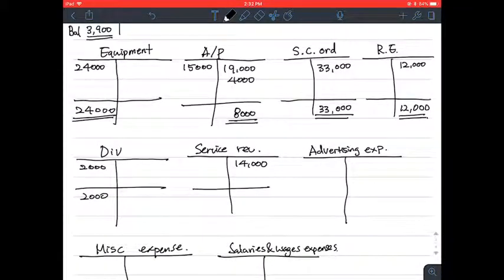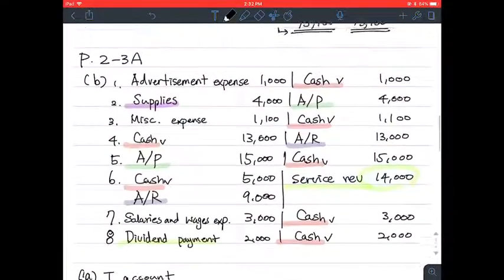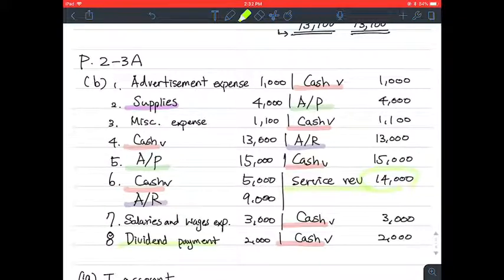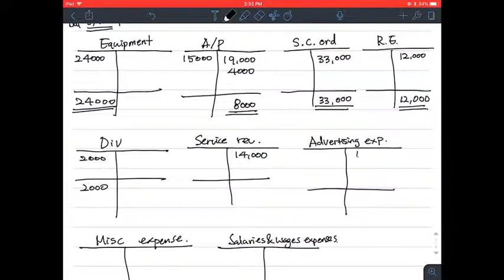And advertising expense was the first item, so that was $1,000, which should be debited.